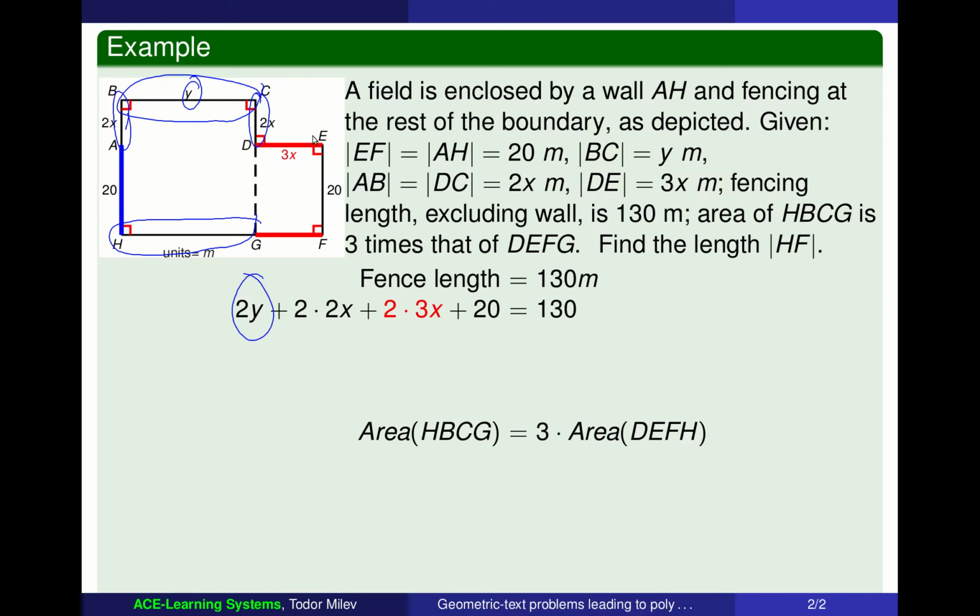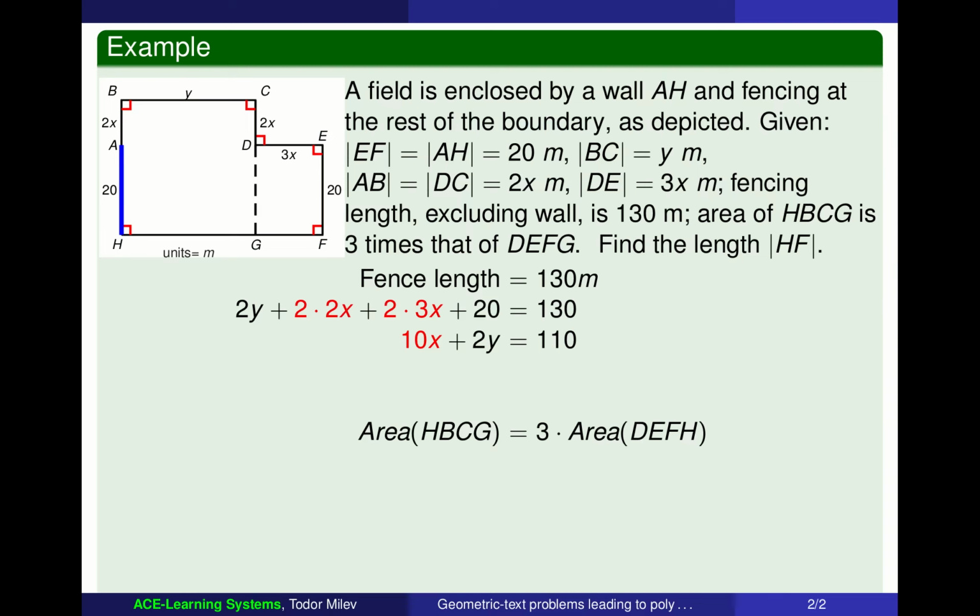These two sections of the fence each contribute 3x, so both of them contribute 2 times 3x. And finally, I have the final section of the fence, EF, which was given to us to be equal to 20 meters. So I'm given that 2y plus 2 times 2x plus 2 times 3x plus 20 equals 130. I've dropped here the measurement units.